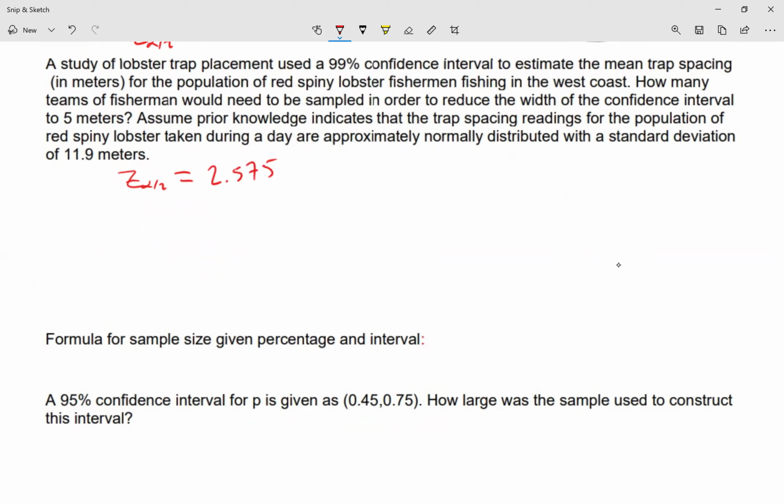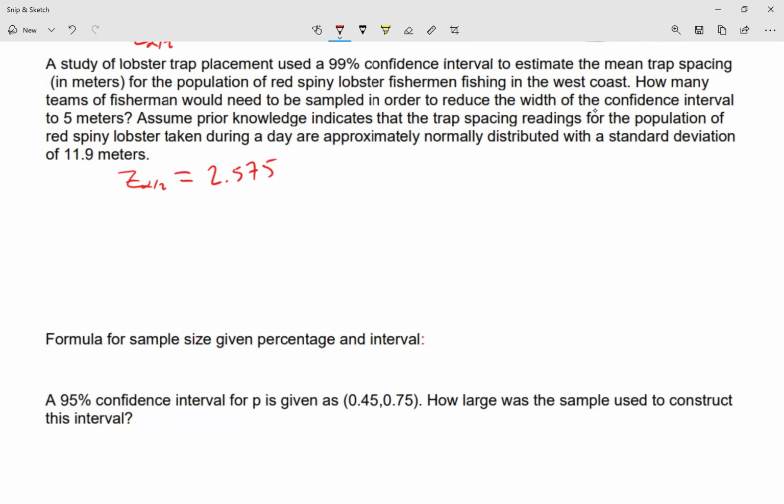Right, that's my 99% confidence interval. To estimate the mean trap spacing in meters for a population of red spiny lobster fishermen fishing in the West Coast. How many teams of fishermen would be needed to be sampled in order to reduce the width of the confidence interval to 5 meters?